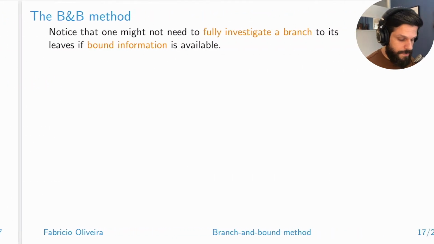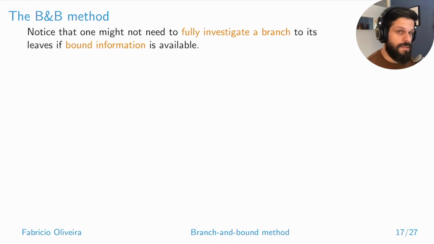But the main principle behind branch and bound, the method, is that if you're only doing branching and you have to investigate the whole tree, you're not doing anything special. What turns the tree-based search into a powerful framework is if you have ways to prevent some of the branches from needing to be explored.